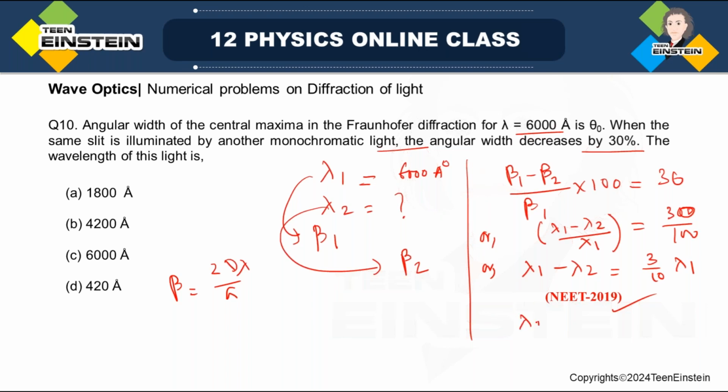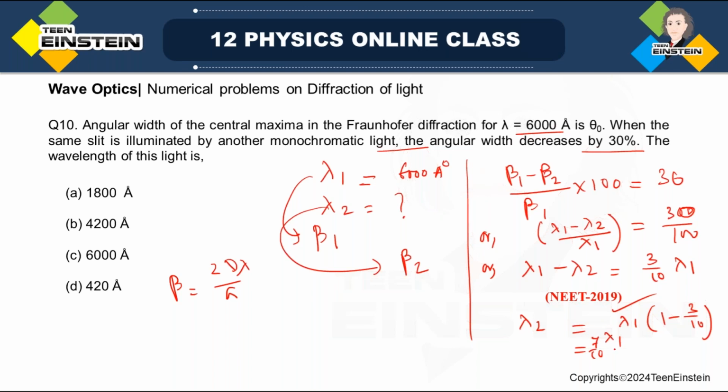Okay, so lambda 2 will be lambda 1 minus 3 by 10 lambda 1. So this will give you 7 by 10 into lambda 1.